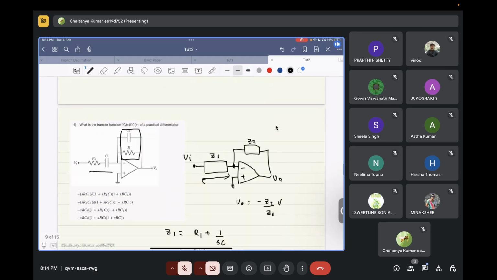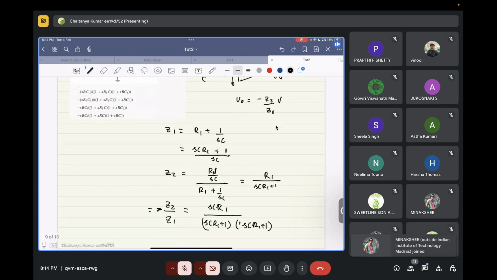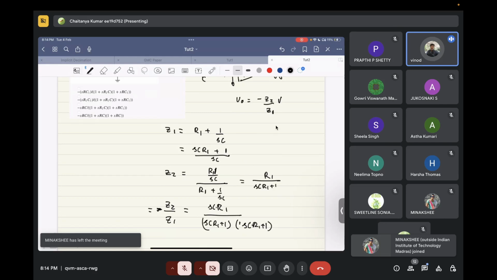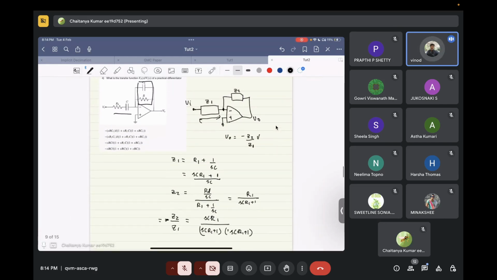Okay, so why does it say it's a practical differentiator? What will an ideal differentiator be? Is a differentiator a low pass filter or a high pass filter?